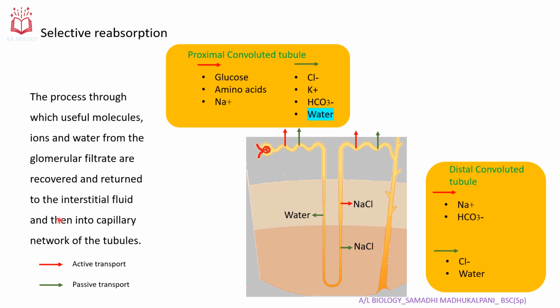Selective reabsorption can take place either actively or passively. The red colored arrow shows if it is happening actively and the green colored arrow shows if it is happening passively. In the proximal convoluted tubule, glucose, amino acids and sodium ions are actively reabsorbed, and chloride, potassium, bicarbonate and water are passively reabsorbed.